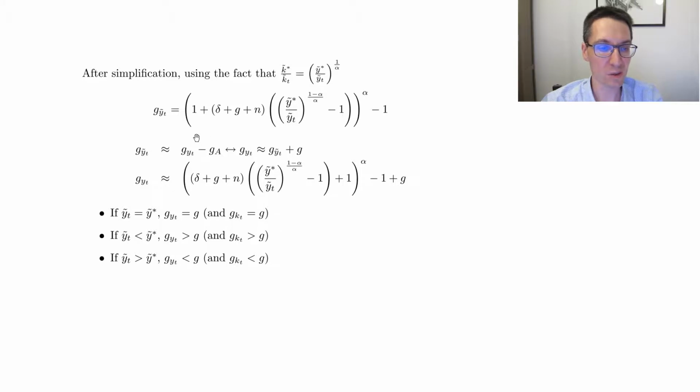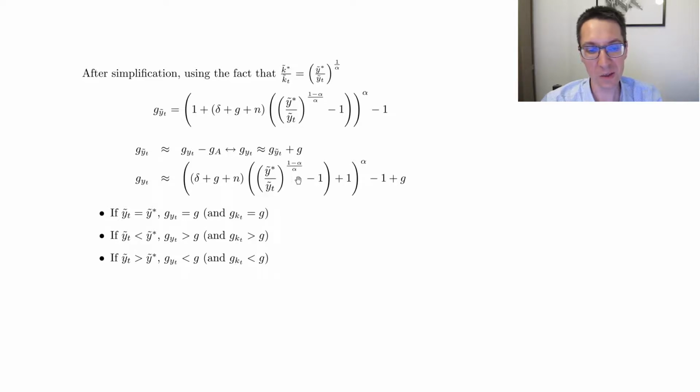So I can just substitute this expression there and obtain this nice expression for the growth rate of output per worker, which in our case is going to be a proxy for GDP per capita. So what can we know? Well, we know that if output per effective worker is at steady state, then this is 1.